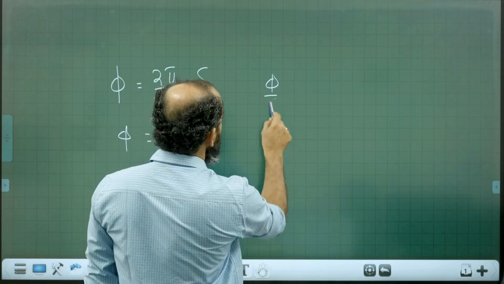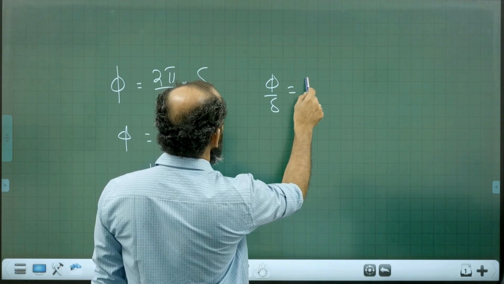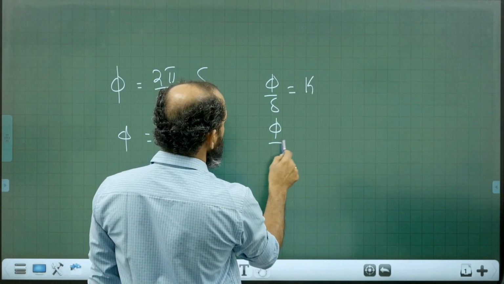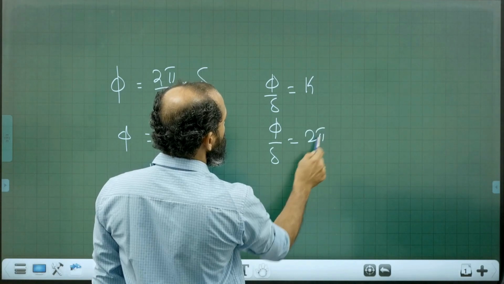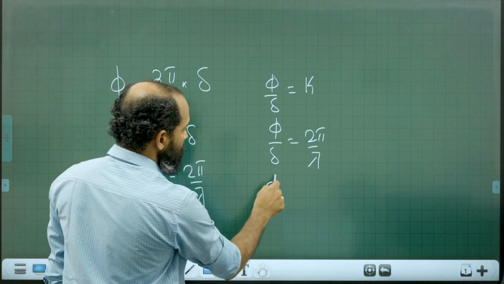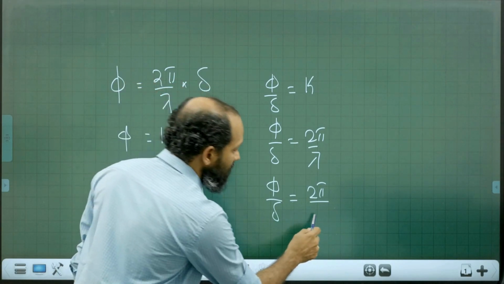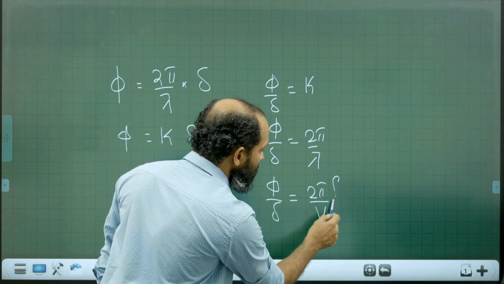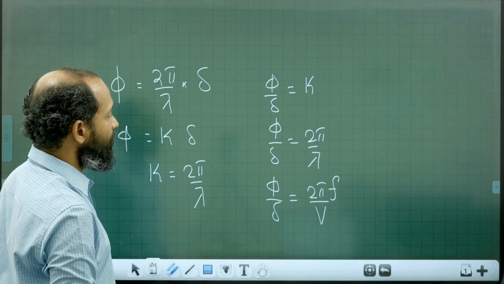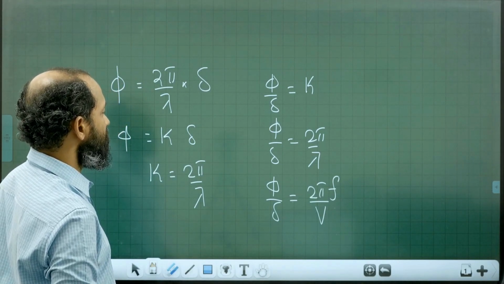So phi by delta can be written as k. The proportionality constant phi by delta is 2 pi by lambda. Lambda can be written as velocity divided by frequency. Lambda equals v by f, where f is the frequency.